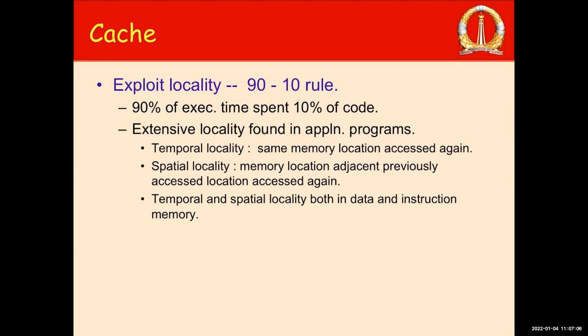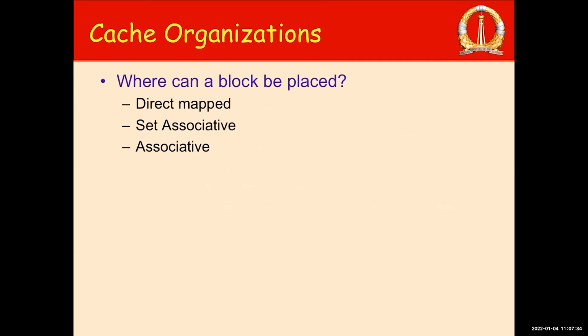In caches, we try to exploit this temporal and spatial locality by keeping the recently accessed locations as well as the nearby locations in a faster storage, which is what is called the cache. And we also know that both temporal and spatial locality are exhibited both in instruction access as well as in data access.